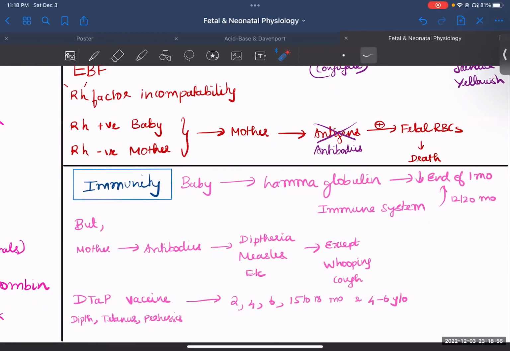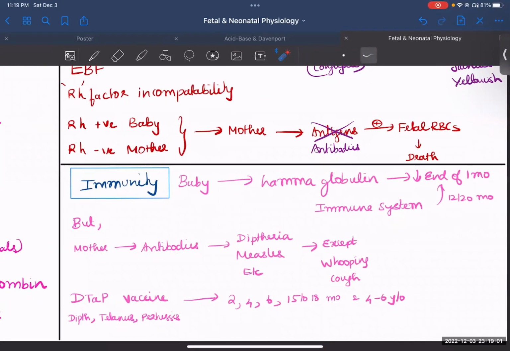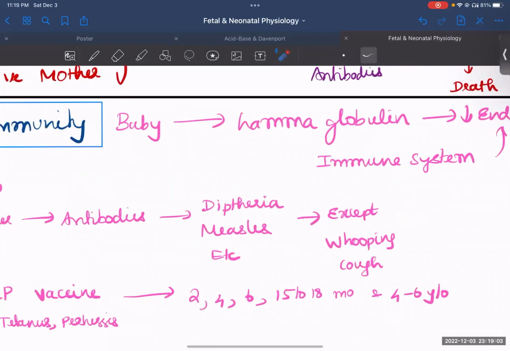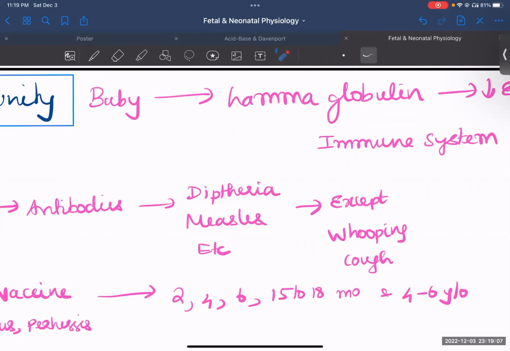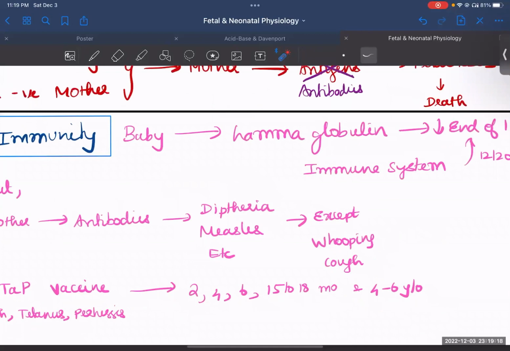Mother is going to transfer a lot of antibodies into the baby. And that is going to prevent the baby from developing diseases like diphtheria, measles, and other diseases, except for one disease which is called whooping cough. So for whooping cough, you have to give vaccines as soon as possible. But for diphtheria, measles, and other diseases, you can give after 6 months.